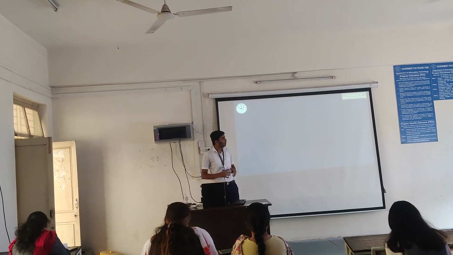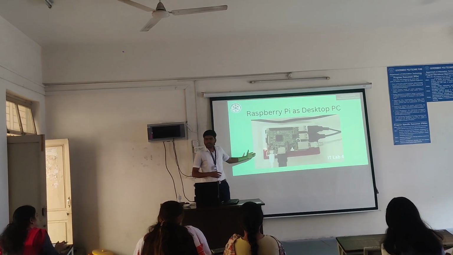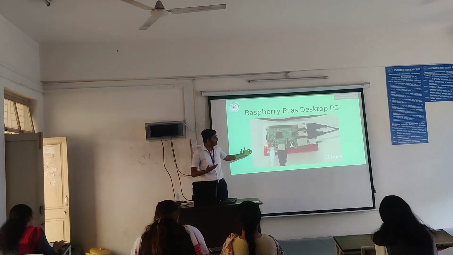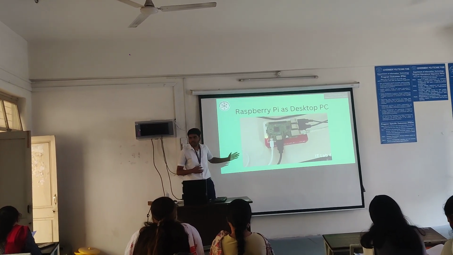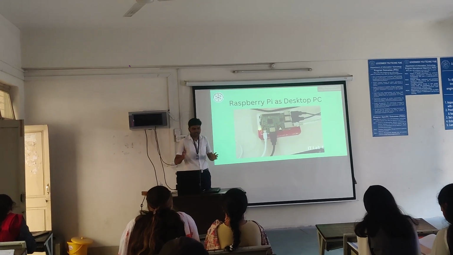So let's go to the desktop PC. In this video, we can see I have connected all the ports of Raspberry Pi to the monitor and all IO devices, and it is working properly without any problem like a desktop PC.